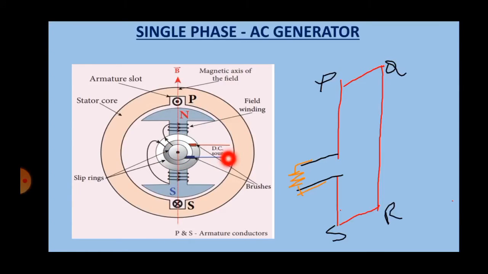Are you clear? Okay. So student, the stator will have two conducting coils, and the coils are connected in series to a single circuit. So when the rotor is rotated inside the stator, it will produce an induced EMF, and it is called a single phase EMF.